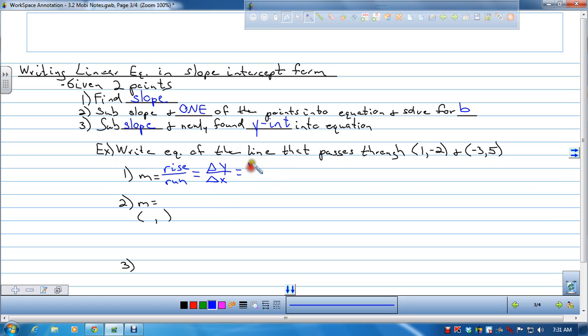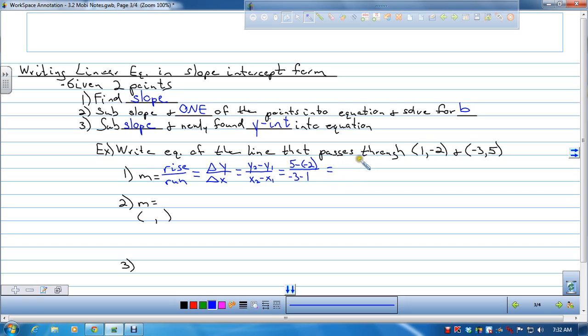Remember, to find the change in y, you take y2 minus y1. Change in x, x2 minus x1. Well, let's plug in. y2 would be my second point over here, a 5, and minus y1 would be a -2. Be careful here, because I am subtracting a negative, which you should know ends up being positive. x2 is -3, minus x1, which is 1.